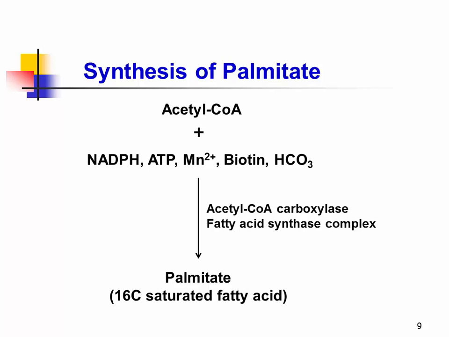So for making palmitate, a saturated fatty acid, we need acetyl-CoA as the building block, the starting molecule, and it requires other compounds, for example NADPH that we mentioned, right? Remember the pentose phosphate pathway that makes the NADPH that is needed for fatty acid synthesis, right?